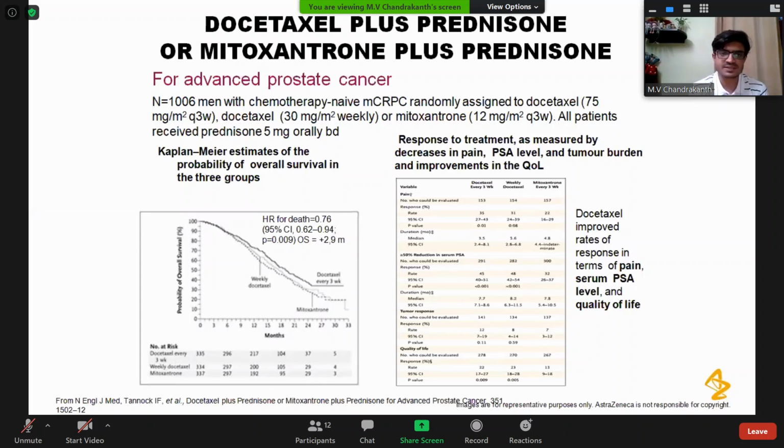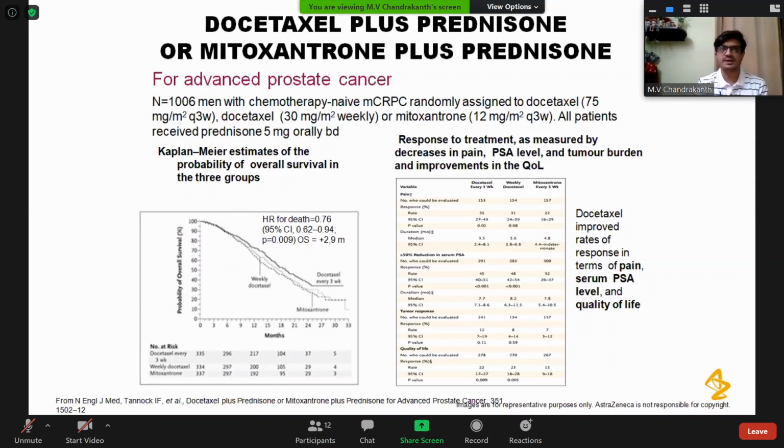These are the endpoints this TAX 327 had, and you can see the three arms: 75 milligram per meter square, 30 milligram per meter square, and mitoxantrone. So the endpoint was not survival, it was basically quality of life, which makes more sense because that is what we are looking into in castrate resistant prostate cancer as well. If you finally look into the 3 weekly and the weekly docetaxel regimen, the response rates are almost equivalent in the two arms, whereas when it comes to the hazard ratio, it's quite impressive with the 3 weekly arm.